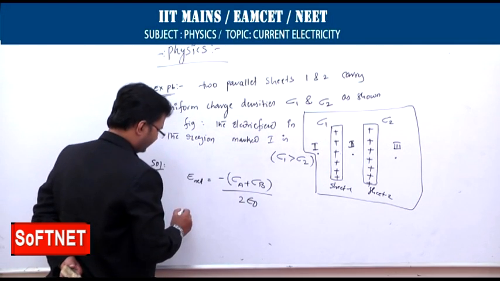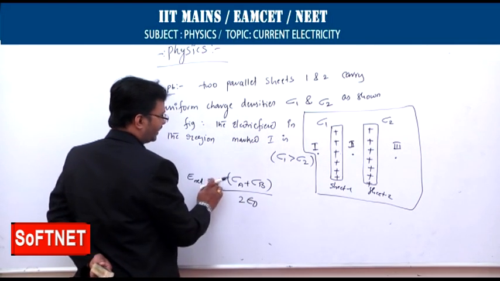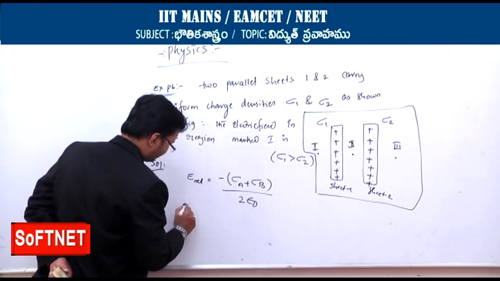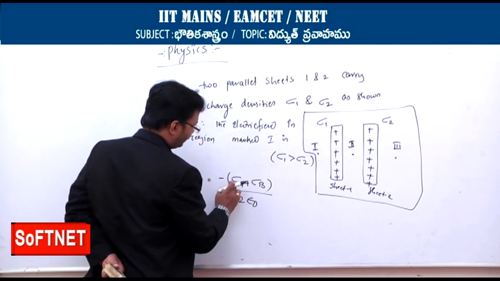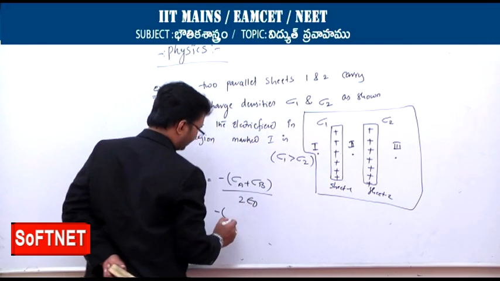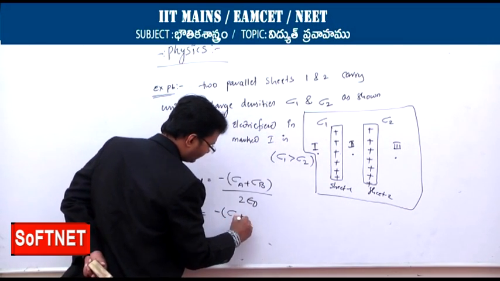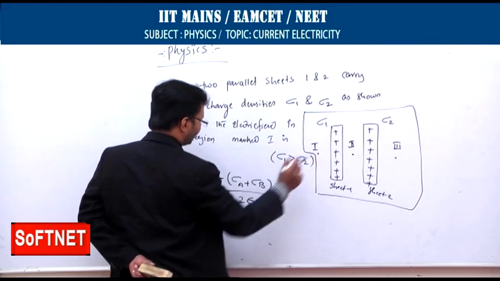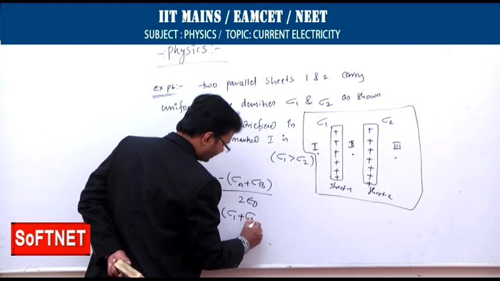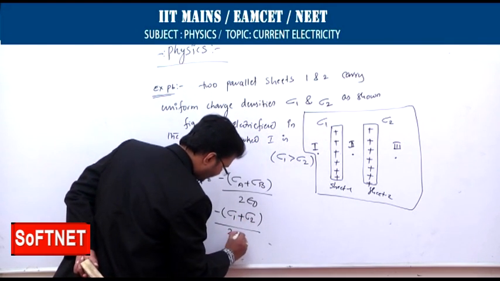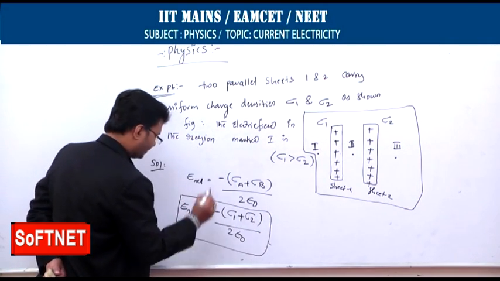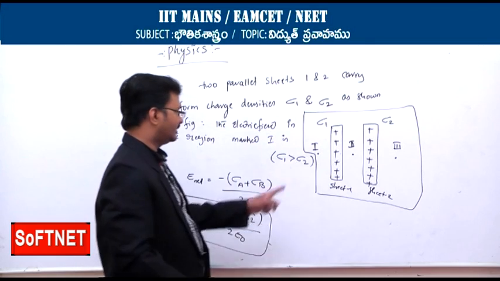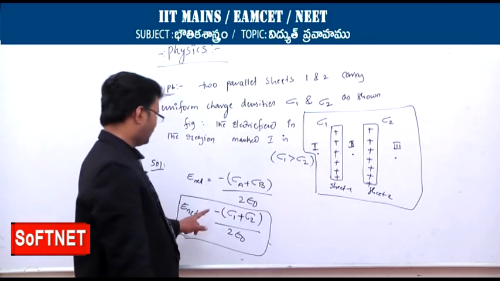We just discussed this before. So, apply this formula here. E net is equal to minus of sigma A, the surface charge density of the first one, plus sigma B, the surface charge density of the second one, by 2 epsilon naught. This is the net electric field in region 1.